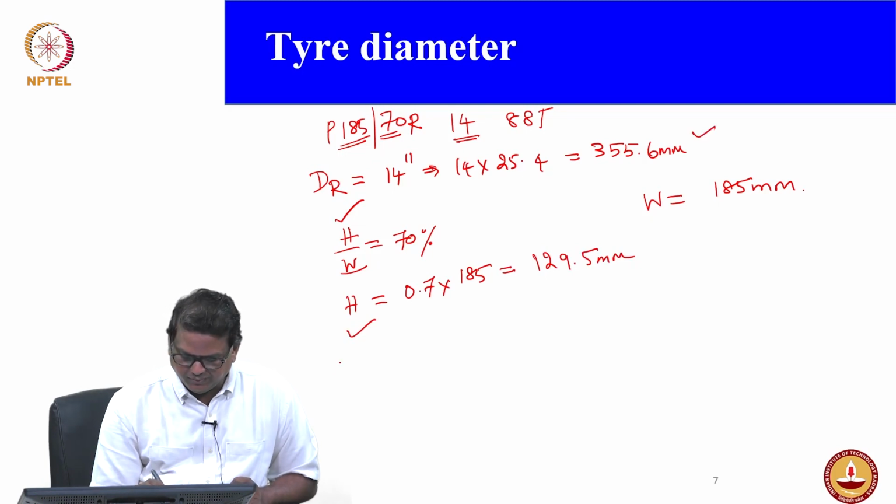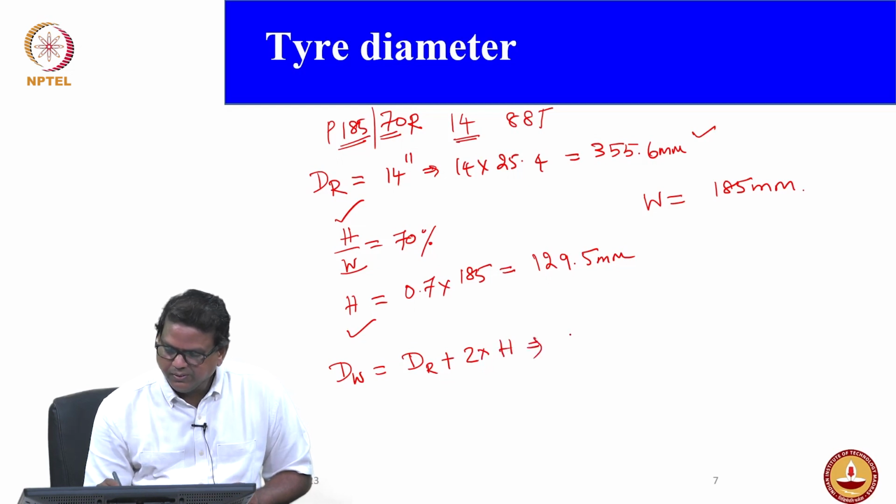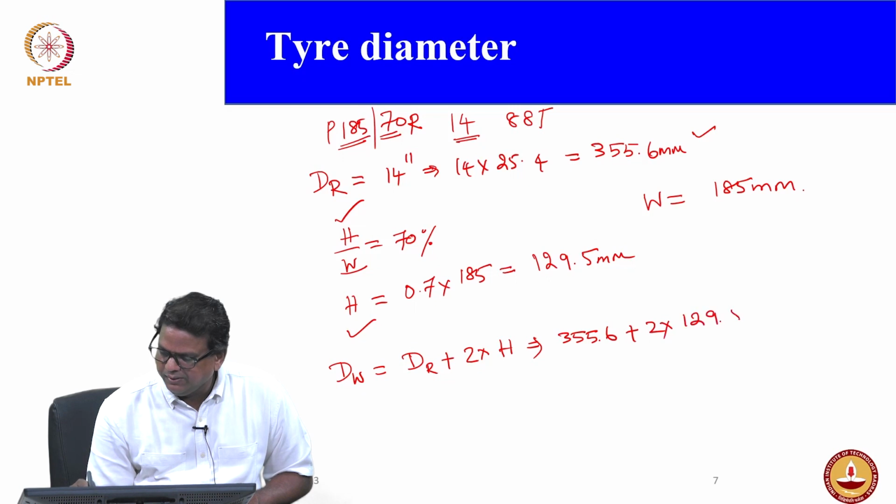So the diameter of the wheel or tire is equal to the diameter of the rim plus 2 times the height. That gives me 355.6 plus 2 times 129.5.